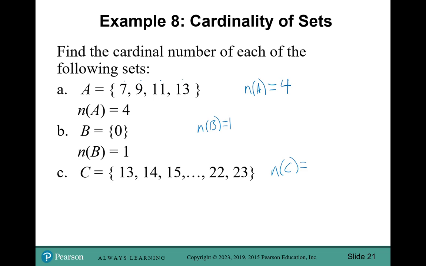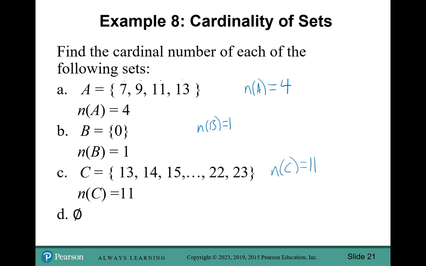That's 11 elements. There's 11 elements in this particular set. I do encourage you to count, because if you would have just subtracted the two numbers here, you would have come up with 10. 23 minus 13 is 10. But if you actually count the elements in the set, you do indeed have 11. So take your time. Don't take shortcuts.